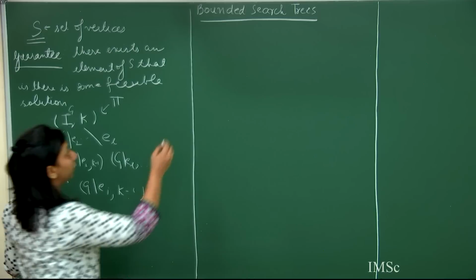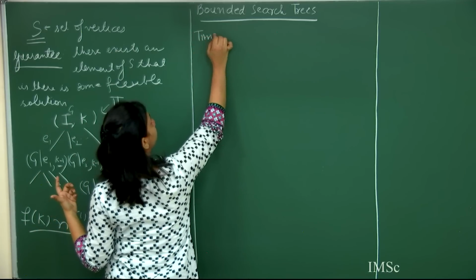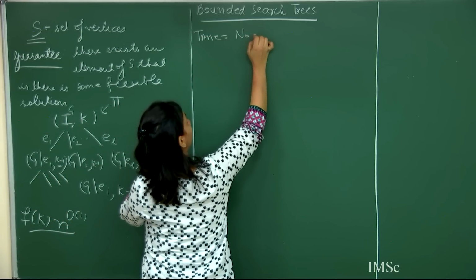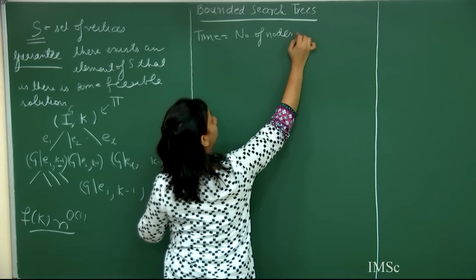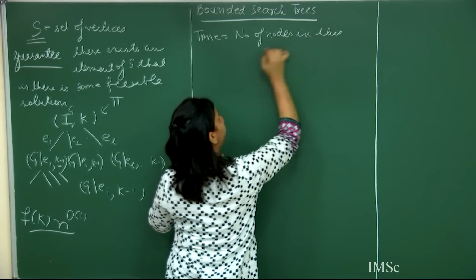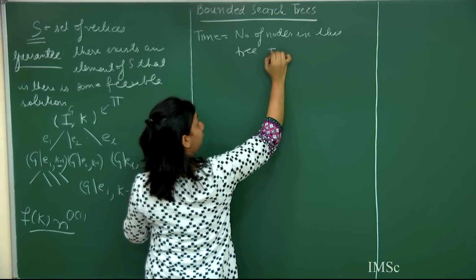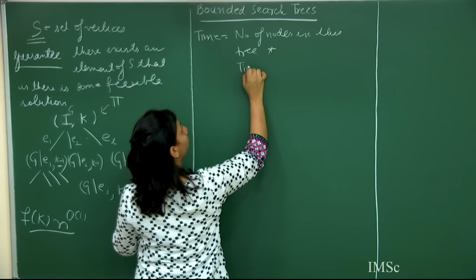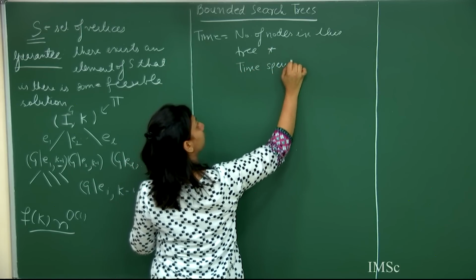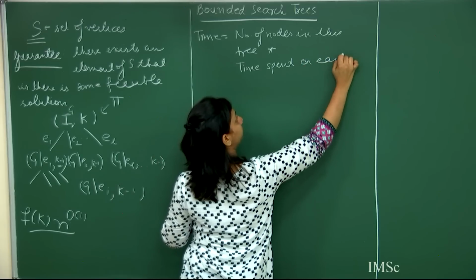So the running time is equal to number of nodes in this tree into time spent on each node.